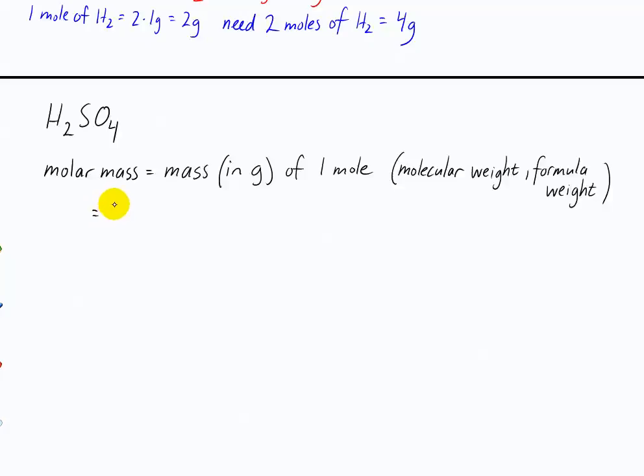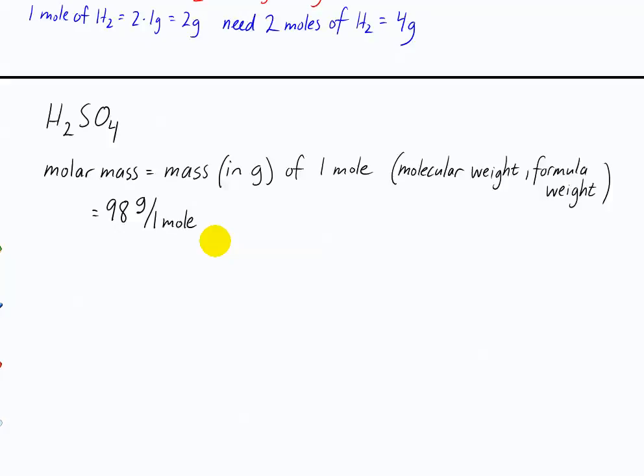It is 98. And the unit here is grams per 1 mole. So that means there are 98 grams in 1 mole of sulfuric acid. If we want 1 mole of sulfuric acid, we have to measure out 98 grams of it. And then we know we have exactly that big number of molecules.